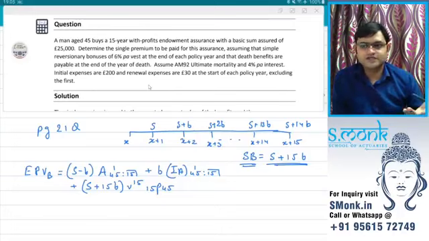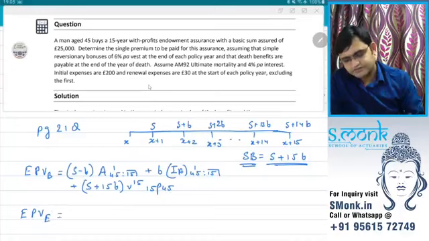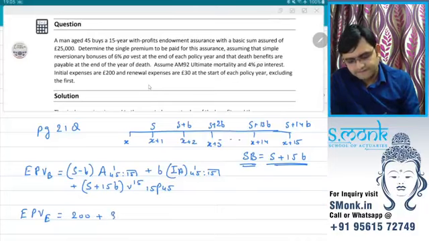If the policy has ended, we will not be paying any premium, we will not be claiming any claims and whatever. So the policy has ended, so there should not be any expenses as well. So expected present value of expenses: initial is 200. Okay. And 30 at the start of each policy year excluding the first.